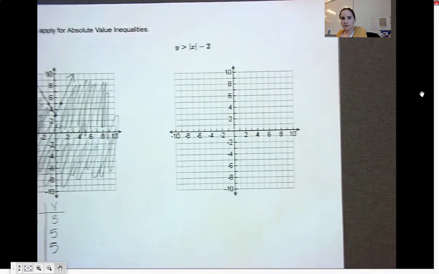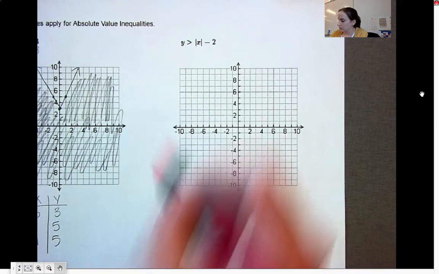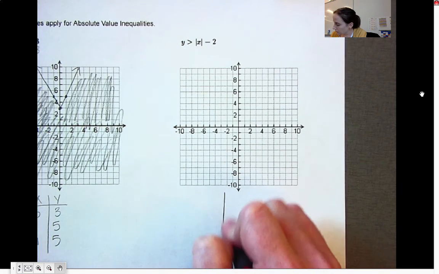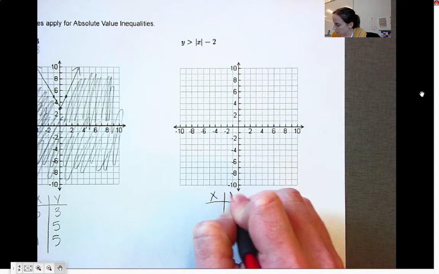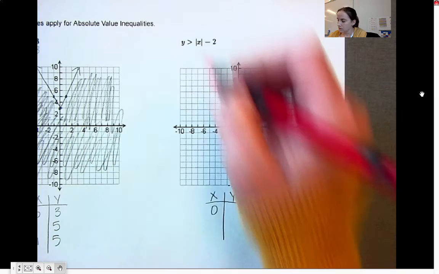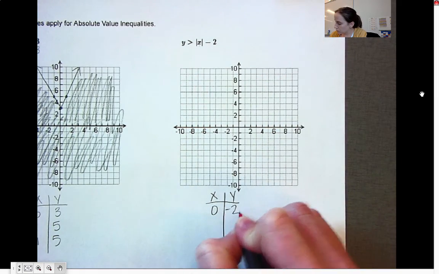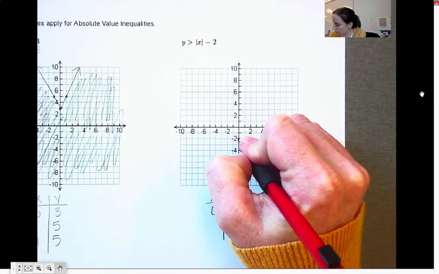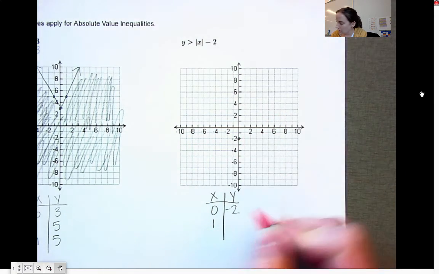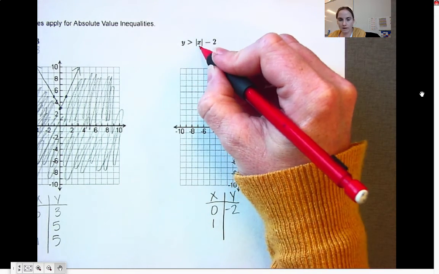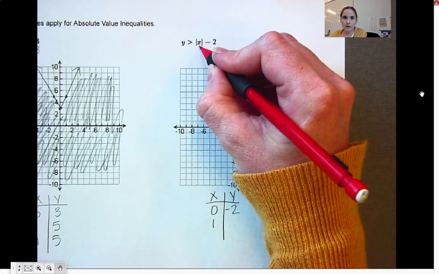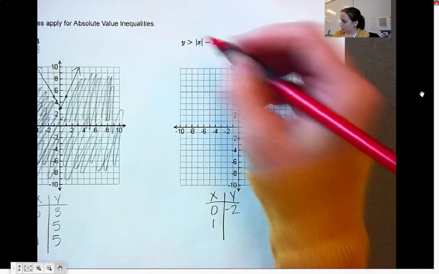Okay, and let's try the next one. So if I plug in 0, absolute value of 0 is 0, minus 2, we get negative 2. So at 0, I'm at negative 2. At 1, I get 1, because the absolute value of 1 is 1, and 1 minus 2 is negative 1.